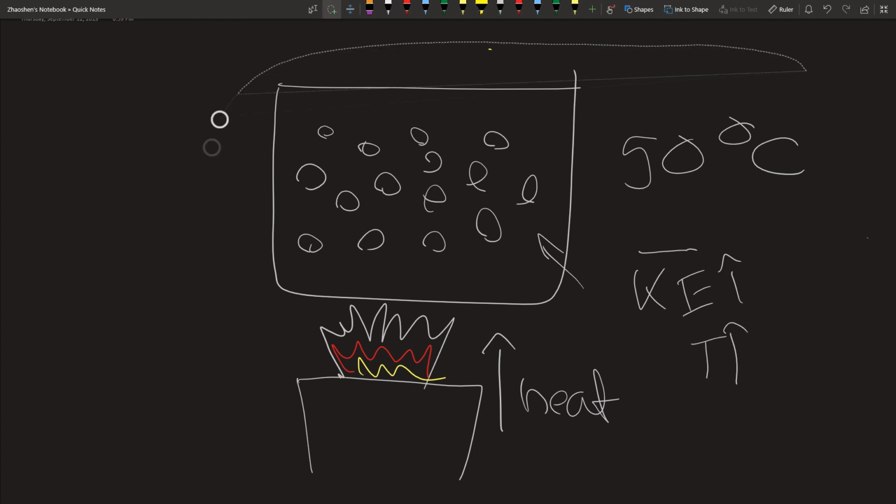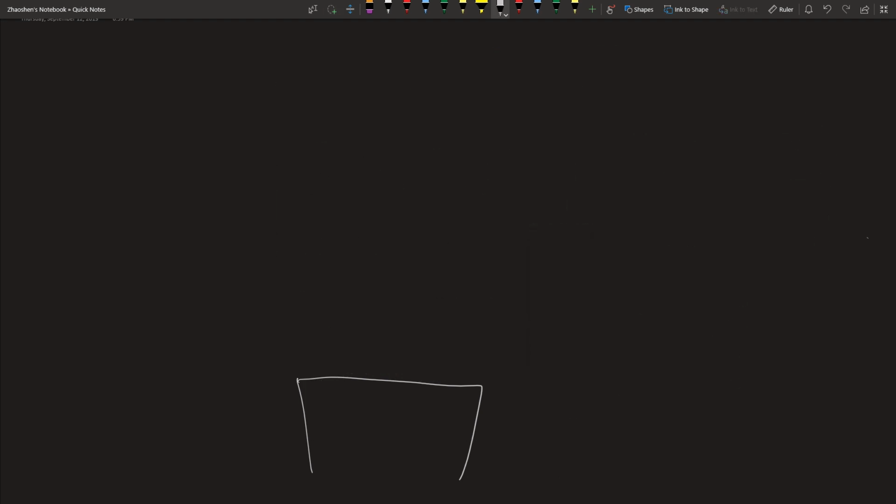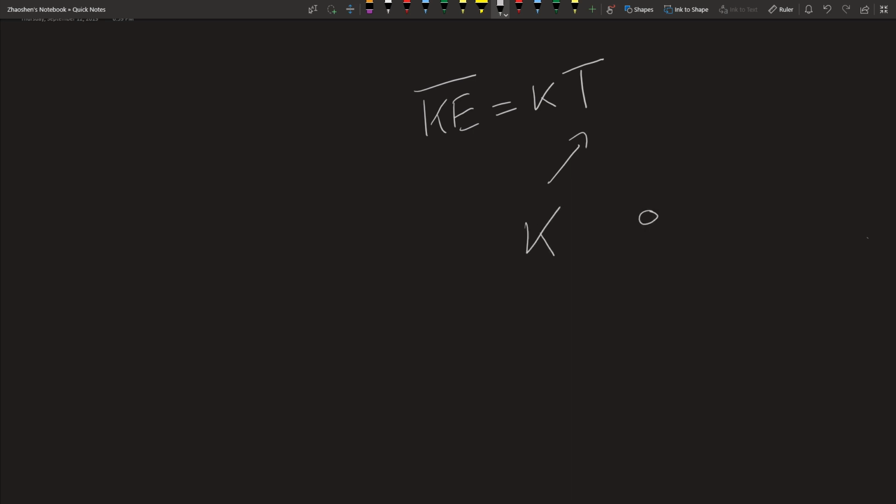So, we can derive that the average kinetic energy of the particles is directly proportional to the temperature. But be careful, this temperature is measured in kelvins and not degrees Celsius, because if you draw the graph, when it's kelvins, it passes through the origin, but when it's Celsius, it will be shifted in some way.